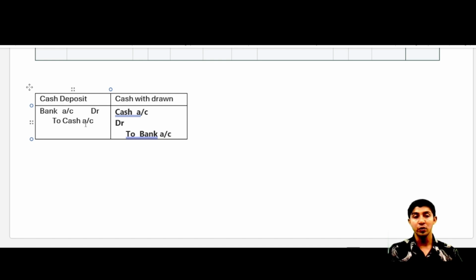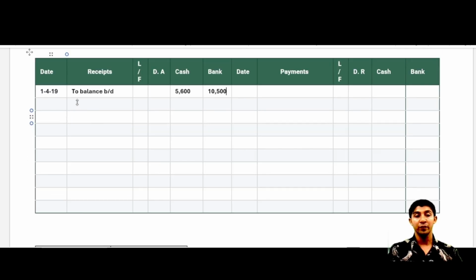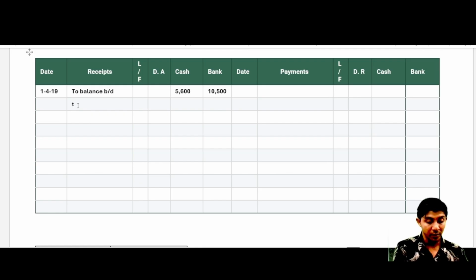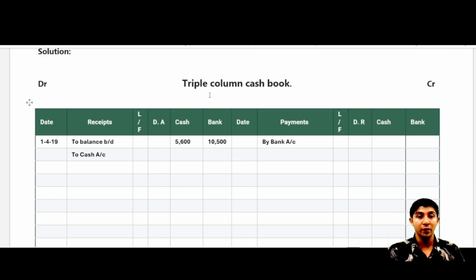So what we have to do? We have to write to cash here, and as per our journal entry we need to write by bank here on the payment side. So what is the date of this particular transaction?